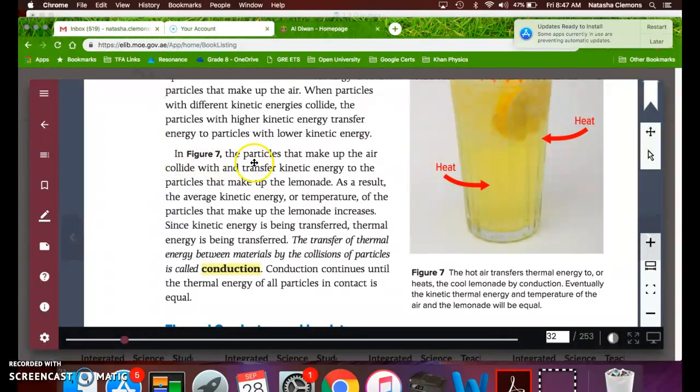In figure 7, the particles that make up the air collide with and transfer kinetic energy to the particles that make up the lemonade. As a result, the average kinetic energy, or temperature, of the particles that make up the lemonade increases. Since kinetic energy is being transferred, thermal energy is being transferred. The transfer of thermal energy between materials by the collisions of particles is called conduction. Conduction continues until the thermal energy of all particles in contact is equal.